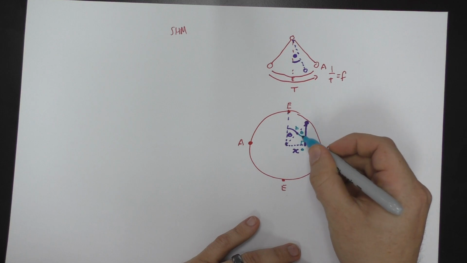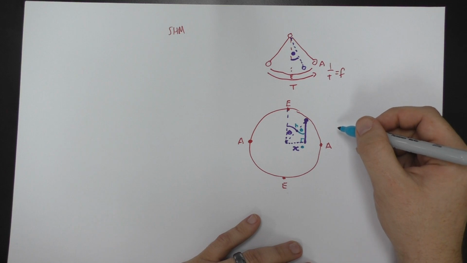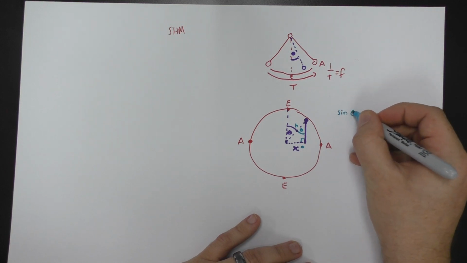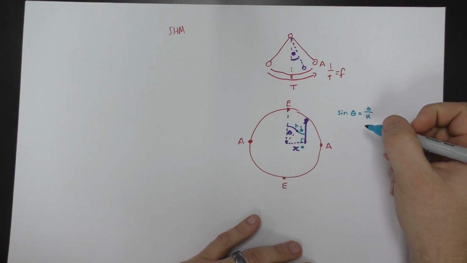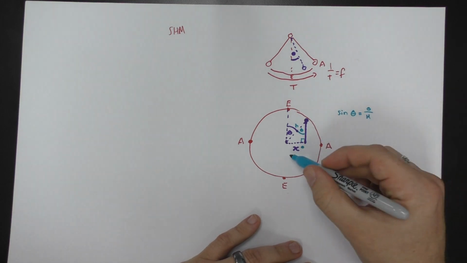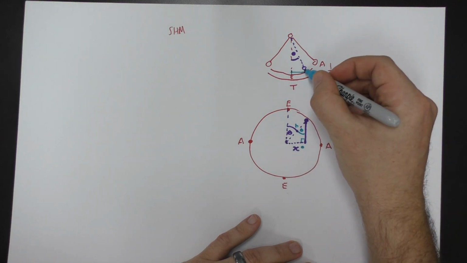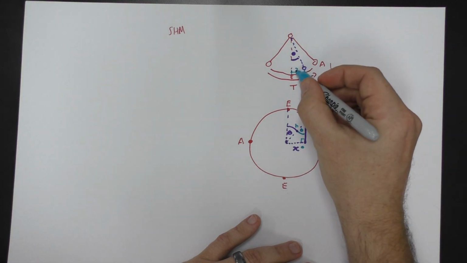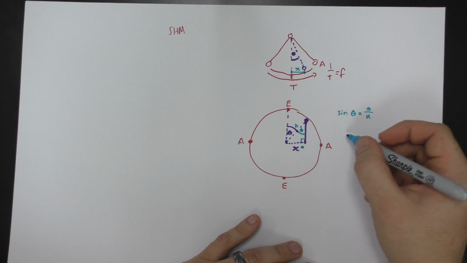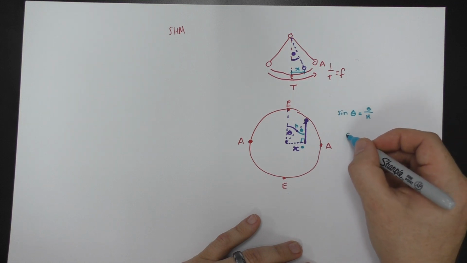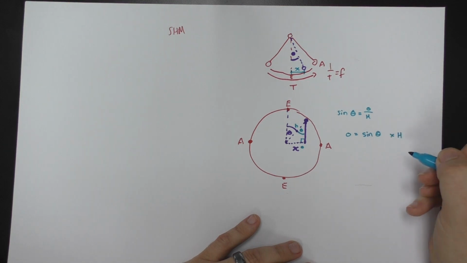Those of you who have your trigonometry fresh in your minds will remember that sine theta equals the opposite over the hypotenuse. We can rearrange for the opposite, which is the displacement, because we want to know the displacement here. So opposite equals sine theta times the hypotenuse.